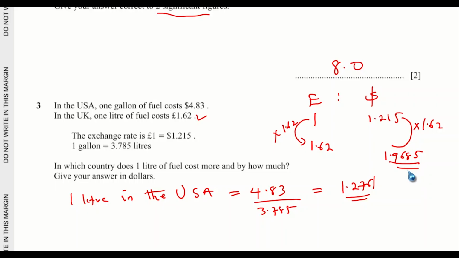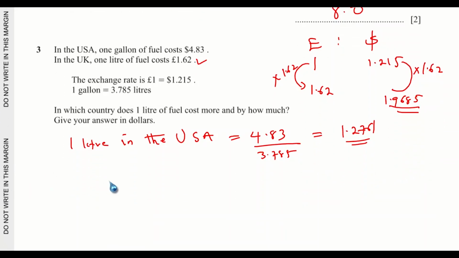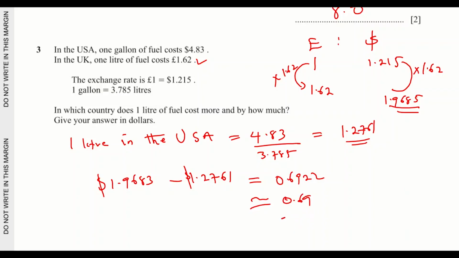So now we can get the difference by doing 1.9685. Don't forget this is in dollars, then minus 1.2761, which is also in dollars. So if you subtract this, you get 0.6924, which is approximately 0.69, correct to two significant figures.